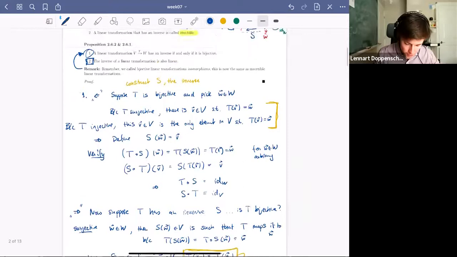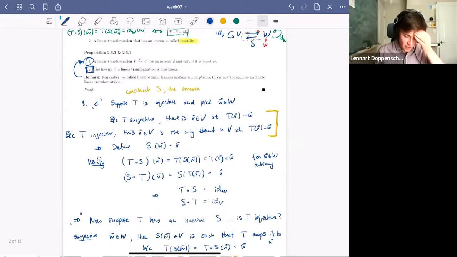But just remember that we've defined an isomorphism to be bijective, and we've now shown that bijective is the same as invertible. So in total, we have now equated isomorphism, bijectivity, and invertibility. That's now all the same by this proposition.